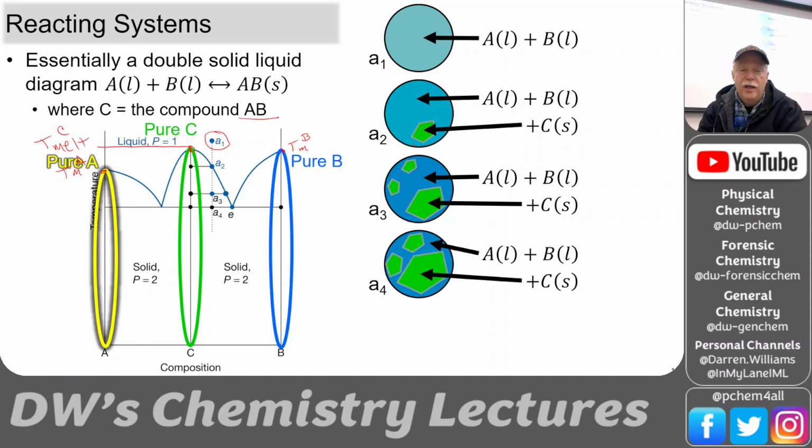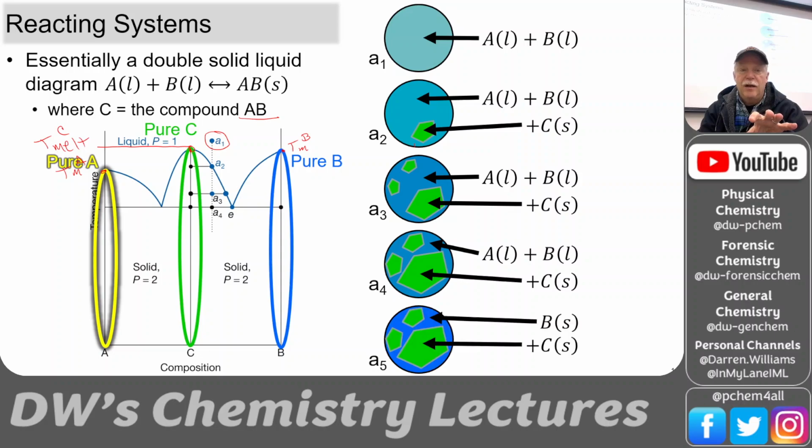We get to A4, we're at that eutectic pause, and we'll sit there until all the liquid precipitates out, and then we've got 2 phases in equilibrium, green C and blue B, because we're on the B-rich side of C. If we were over on this side, then we get down here and we'd have A solid plus C solid. Does that make sense? We're over on the left, we're on the right. We have different end results.